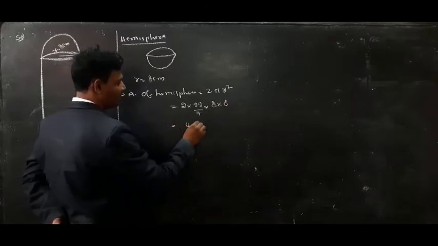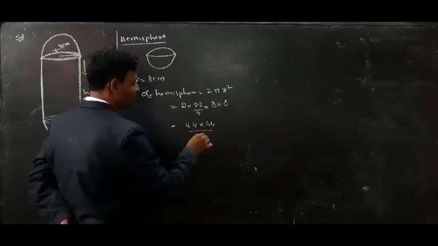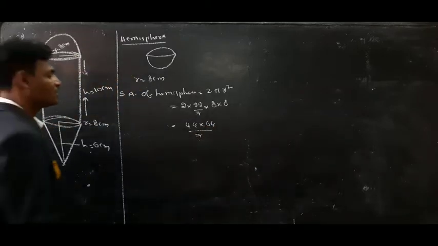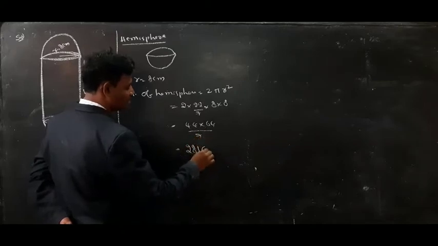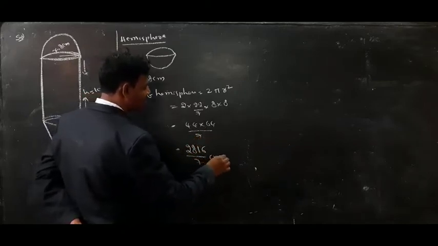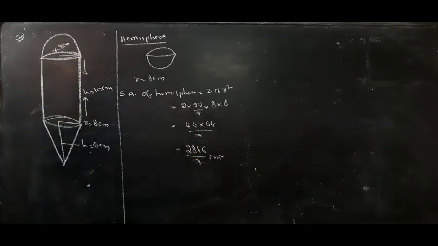That is 44 into 64 by 7. After the calculation you get 2816 by 7 centimeters square. So the surface area of the hemisphere is 2816 by 7 centimeters square.